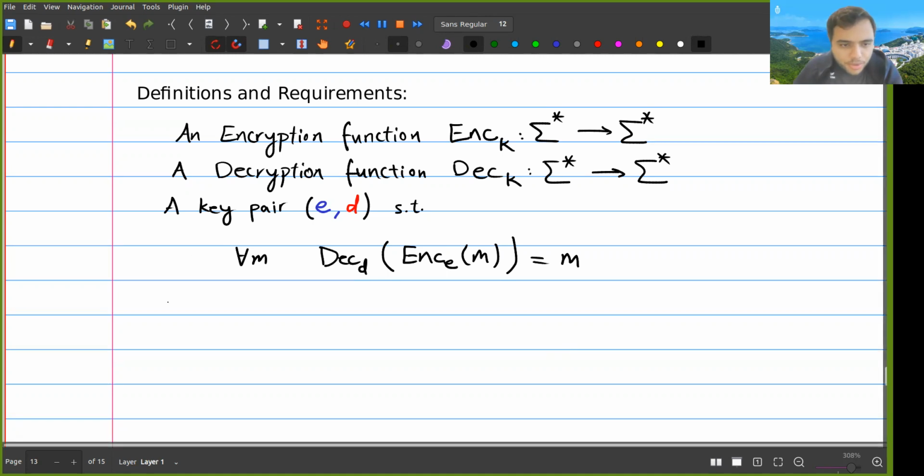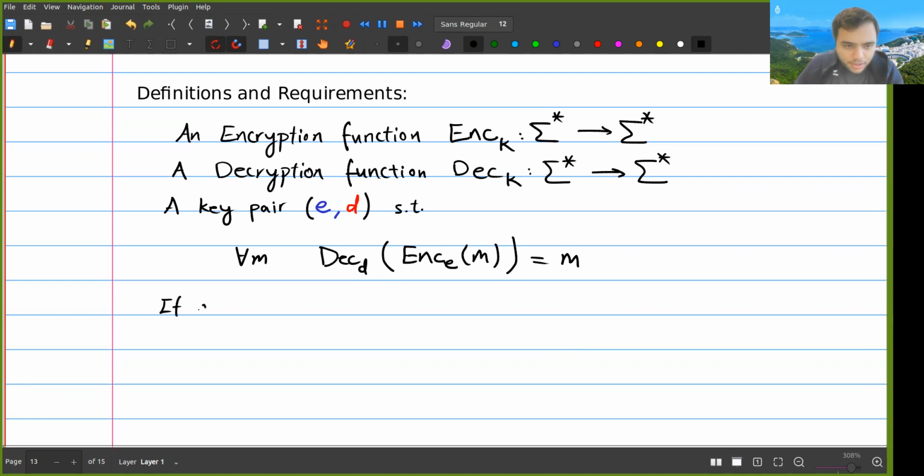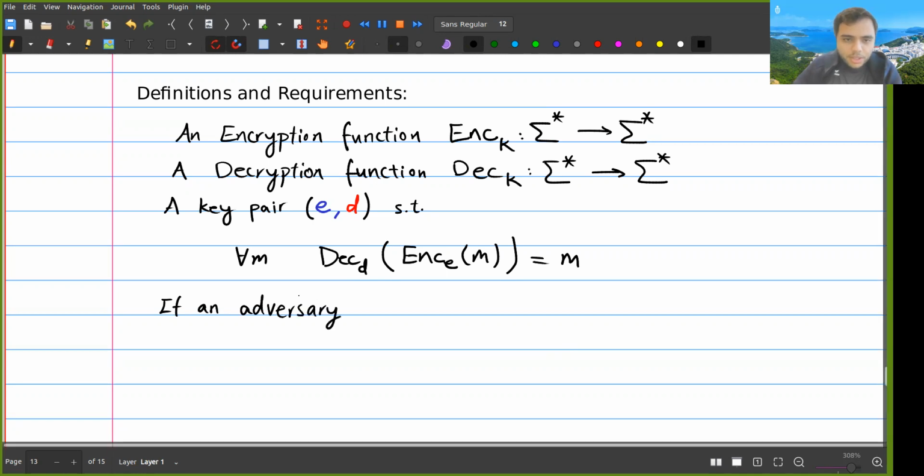And the other property that we want to have is that if an adversary knows everything except the decryption key, they shouldn't be able to do decryption.